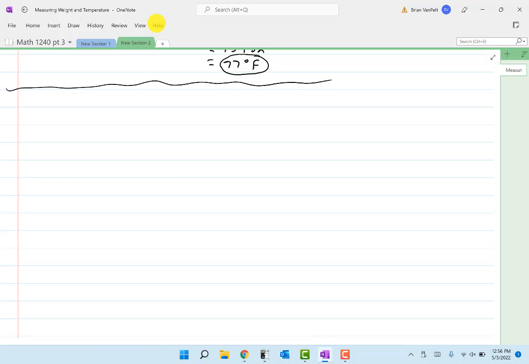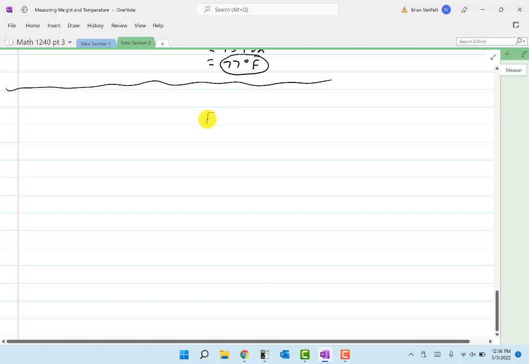Now for the other conversion, here let me have F equals 9/5 C plus 32. What I'm going to do to solve for C is I'm going to subtract 32 from both sides first. And so I end up with F minus 32 equals 9/5 C. Now to solve an equation like this, multiply both sides by 5 over 9.